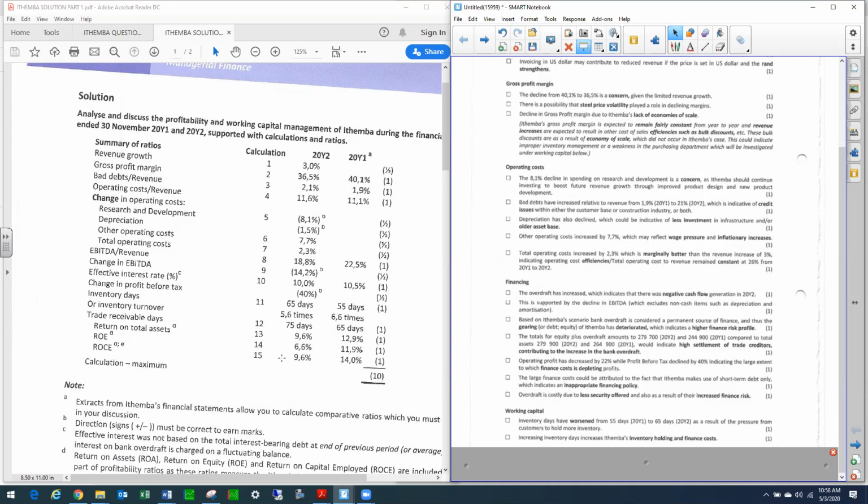ROE's gone down, ROCE's gone down. And although it's not there, do you understand that ROE should never be less than ROCE? Your 10% interest rate, guys, compared to a 6.6% return on equity, you are paying more for debt than you are generating from your assets. Not that that's necessarily in the solution, but it should be.